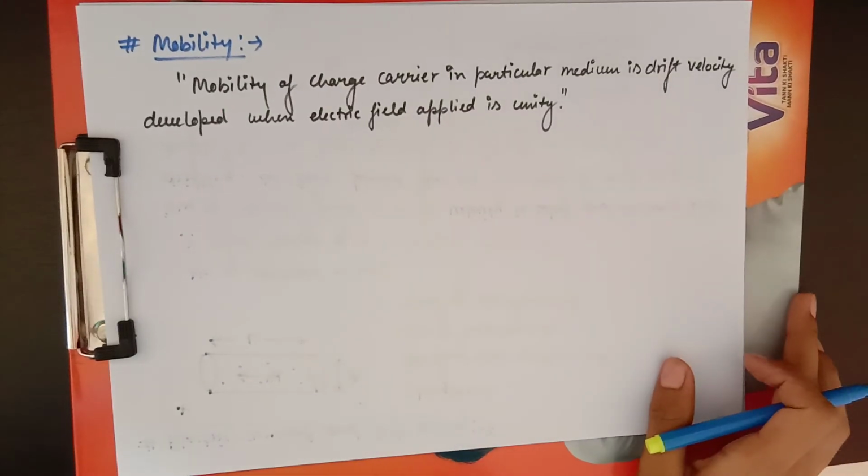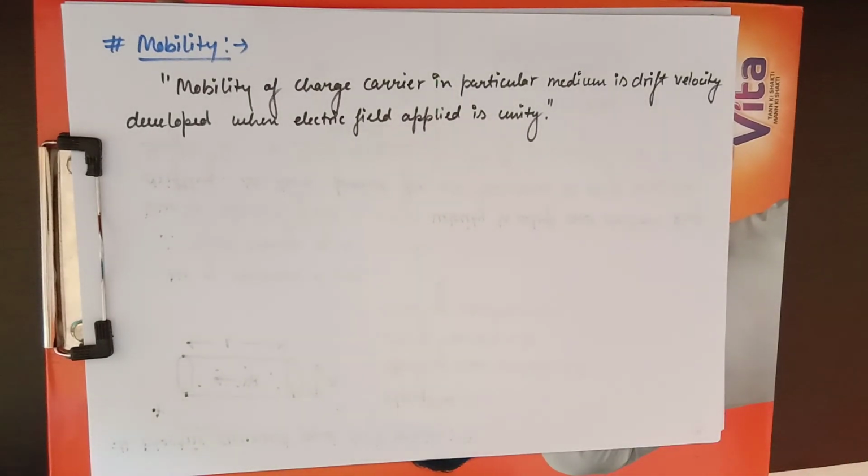The next term in this chapter which you will come across is mobility. The mobility of a charge carrier in a particular medium is the drift velocity developed when the electric field applied is unity. When we apply an external electric field across a conductor, a drift velocity gets generated.